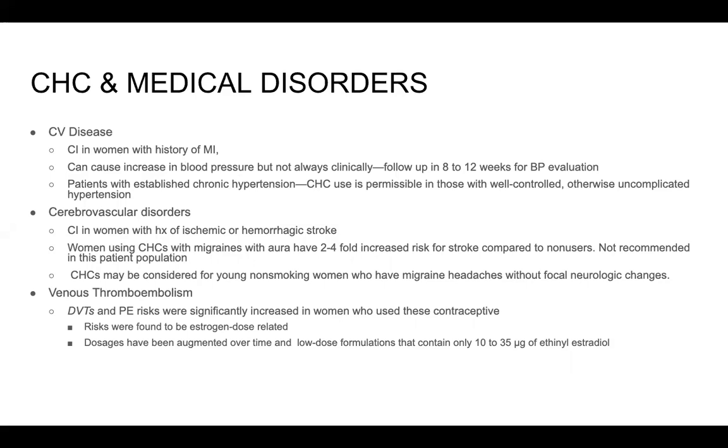Patients that have controlled hypertension, like we talked about earlier, it's permissible to use, but those with uncontrolled should not be on any estrogen. The second here we have cerebrovascular disorders, contraindicated in women with a history of ischemic or hemorrhagic stroke.